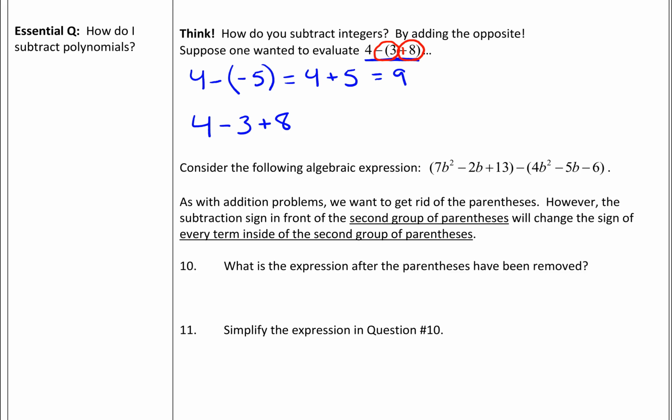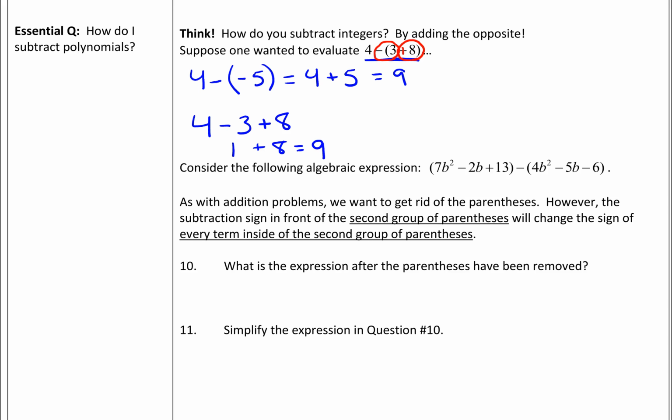This became plus 8. Because really what you want to think about here is I'm subtracting a positive 3 and I'm subtracting a -8. Well, let's work this out. 4 minus 3 we know is 1, plus 8 is 9. So we got the same answer here. And we're going to use that same strategy when we go to subtract polynomials.